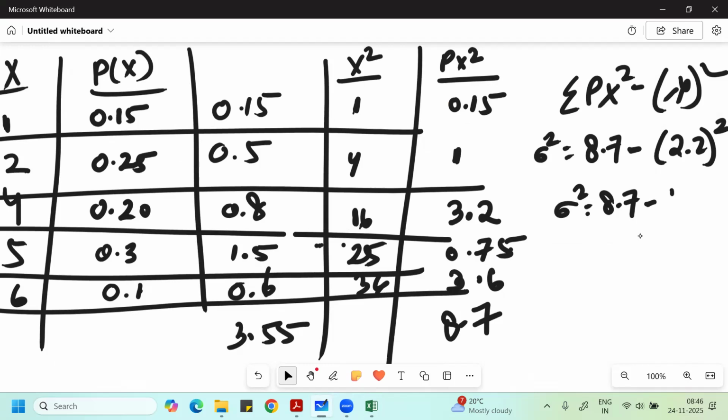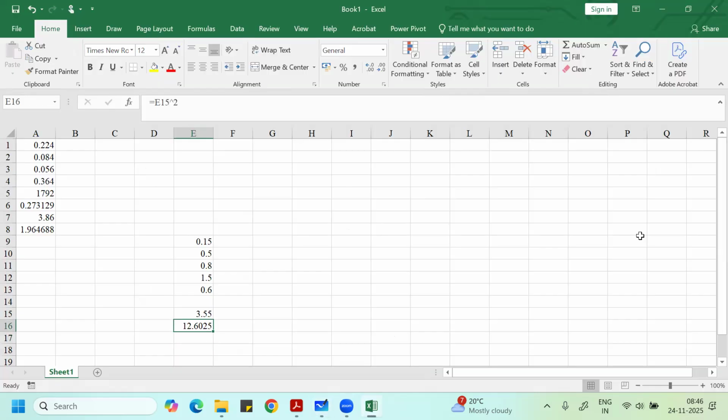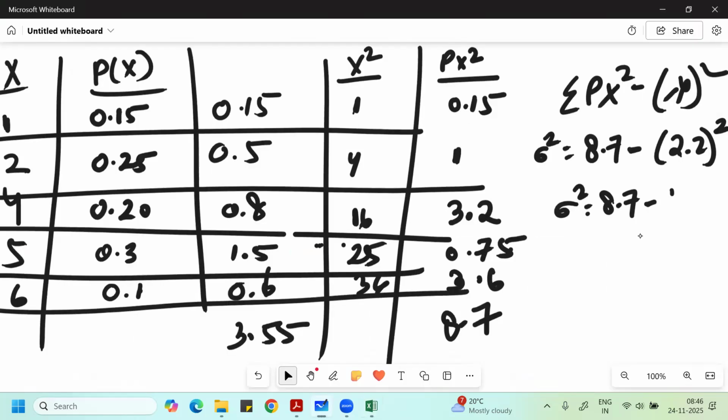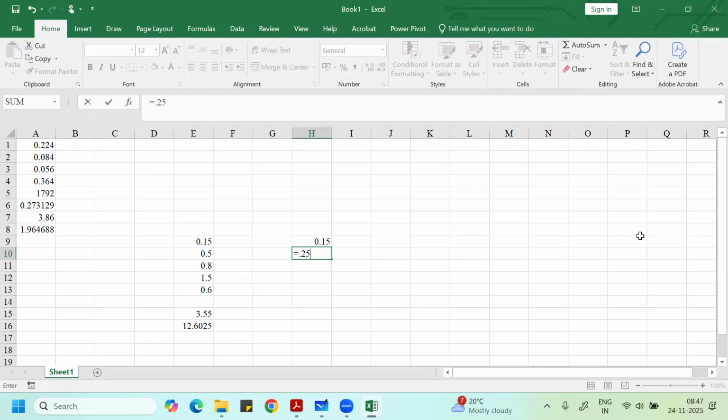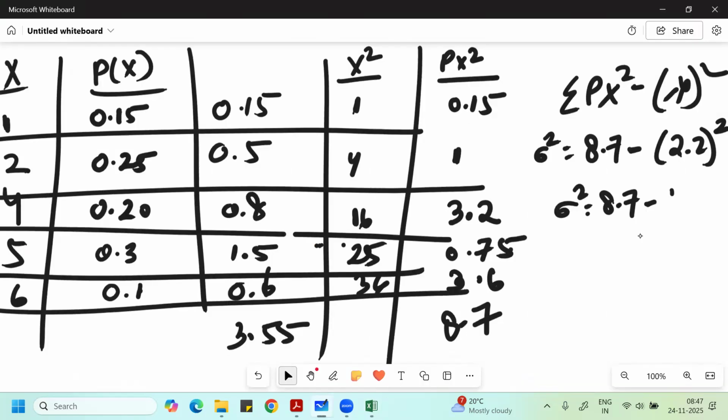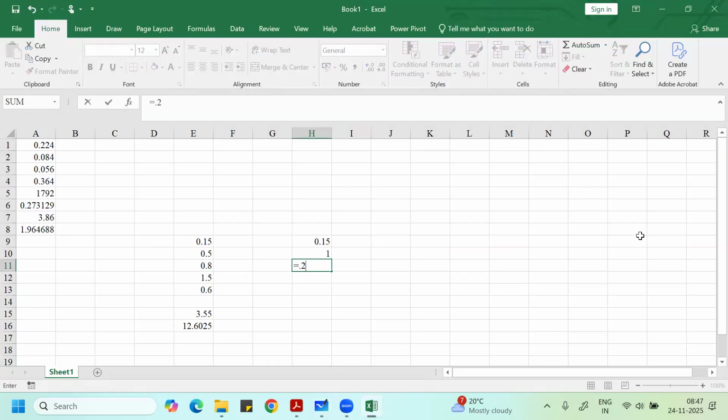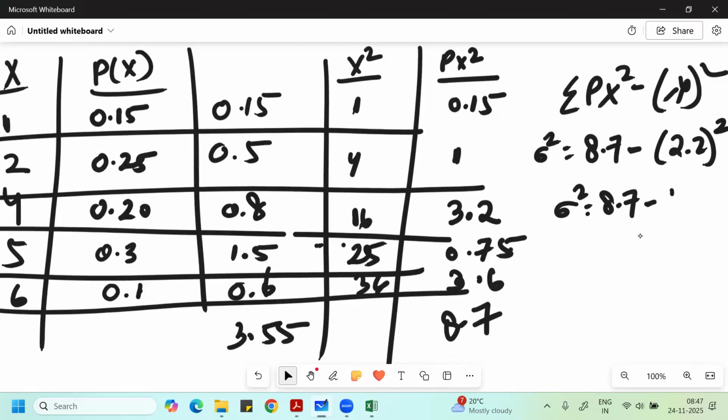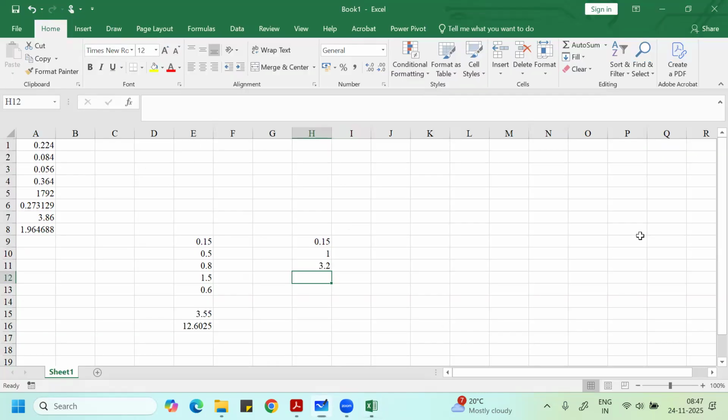So 0.15 into 1 is 0.15, 0.25 into 4 is 1, 0.2 into 16 is 3.2, 0.3 into 25 is 7.5.